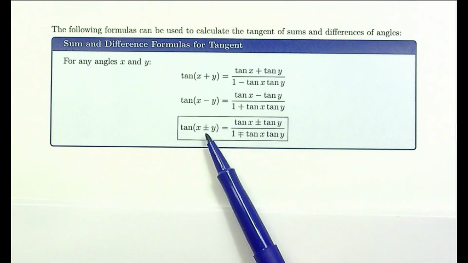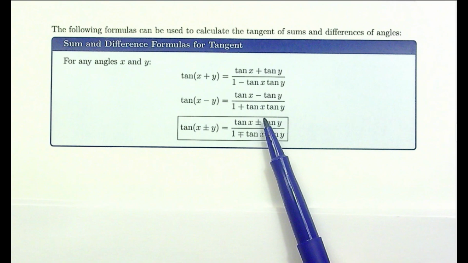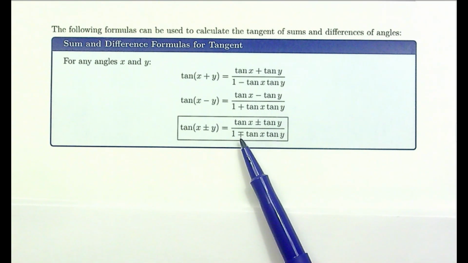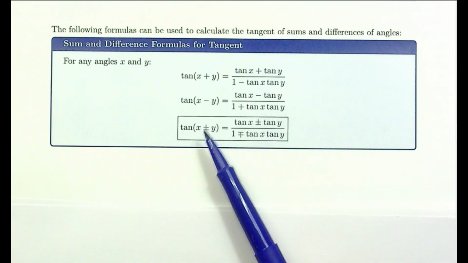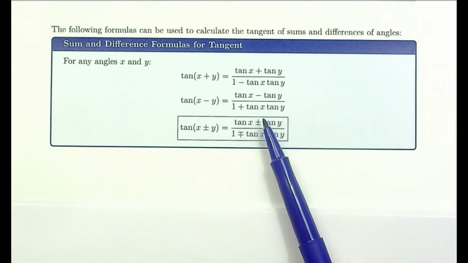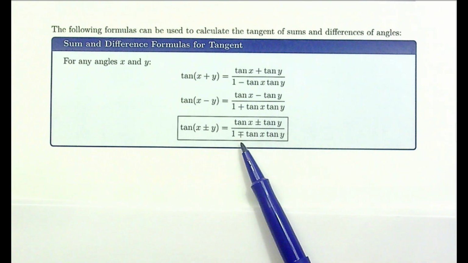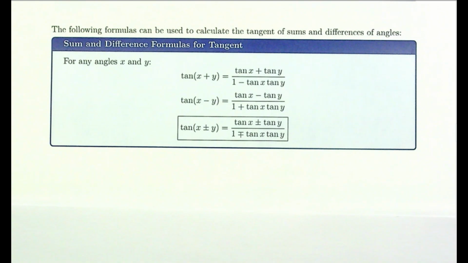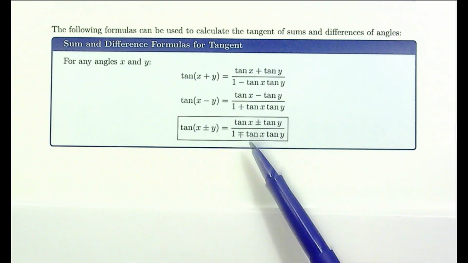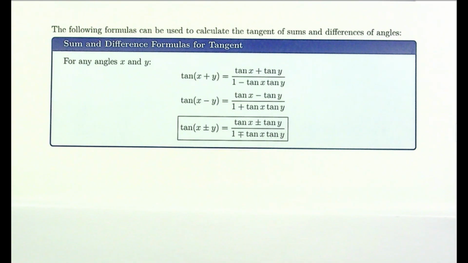So that means if I start here with a plus, the top is going to be a plus, the bottom is going to be a minus. If I start out with a minus, the top is going to be a minus and the bottom is going to be a plus, because the symbols are inverted. On the top it's the same, on the bottom it's inverted. Okay, good news is these formulas are rather easy to use.